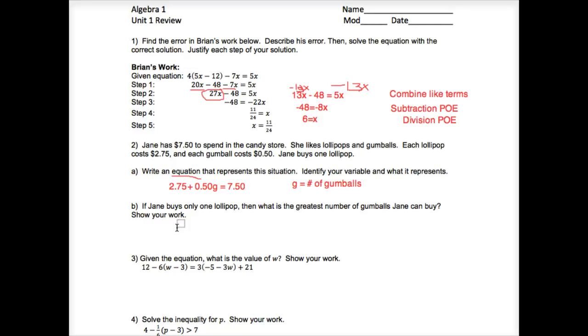So this just means that we need to solve the equation that we wrote in A. So our first step is going to be, and maybe I'll use a different color here so it stands out, but if I work right underneath here, I'm going to first just subtract 2.75 from both sides.